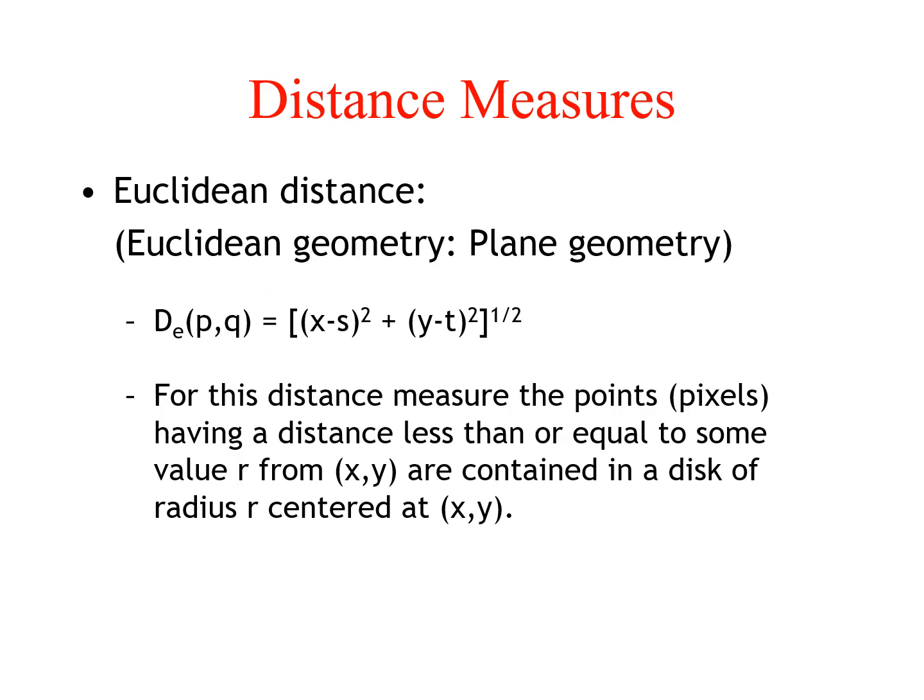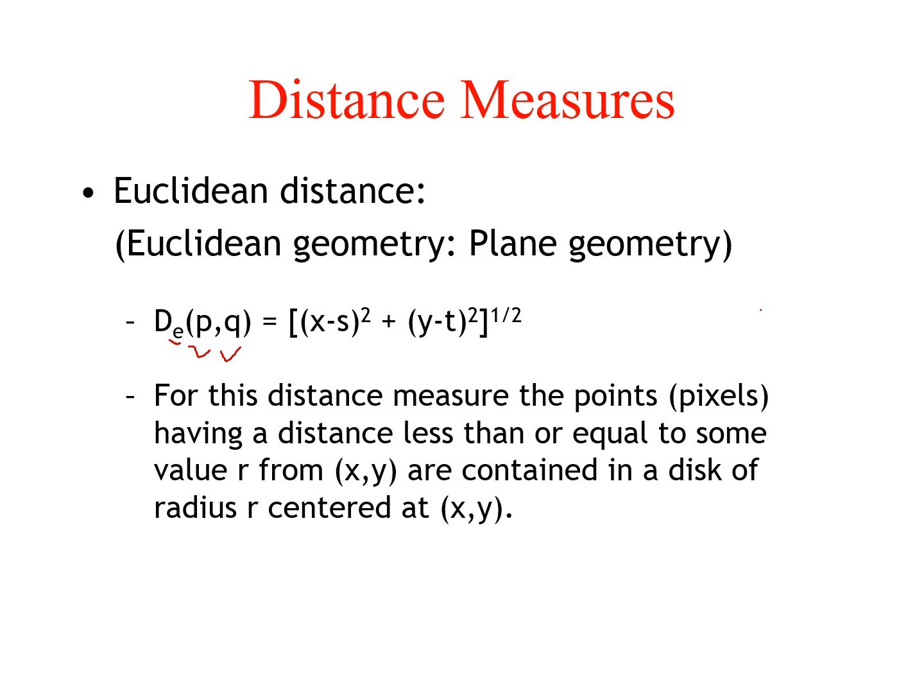Now the first distance metric is Euclidean distance, and it is shown by DE. Remember this. The Euclidean distance between point P and Q is the square root of (x minus s) the whole square plus (y minus t) the whole square. For this distance measure, the points having a distance less than or equal to some value r from x, y are contained in a disk of radius r, centered at x, y. So this is the definition of a circle.